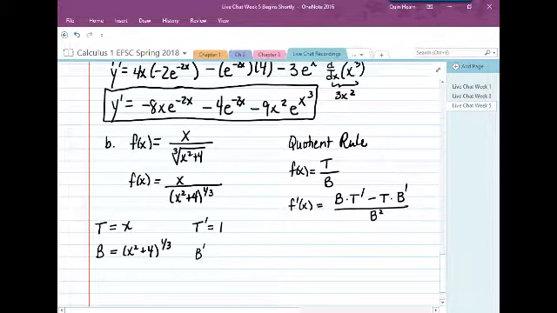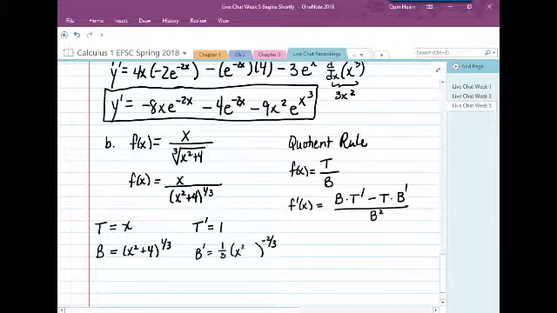But for the derivative of b, we have a power, with something other than an x as the base. We're differentiating with respect to x, so we're going to have to use the chain rule. We take the derivative as though it were just an x instead of x squared plus 4, by bringing the 1/3 out front and subtracting 1 from it.